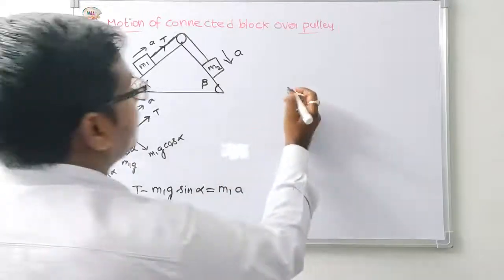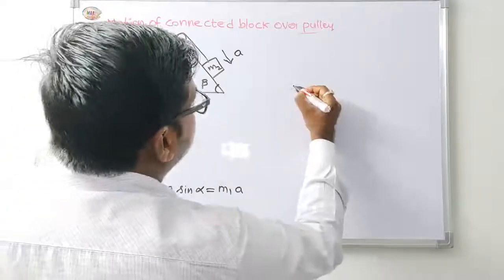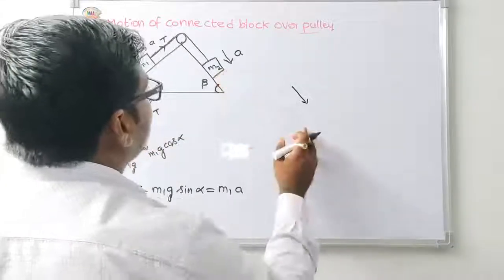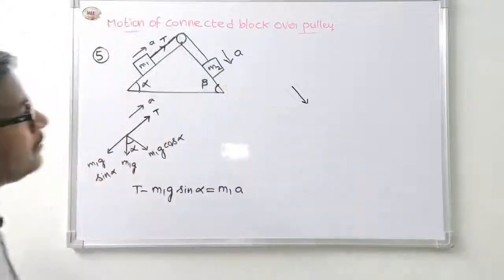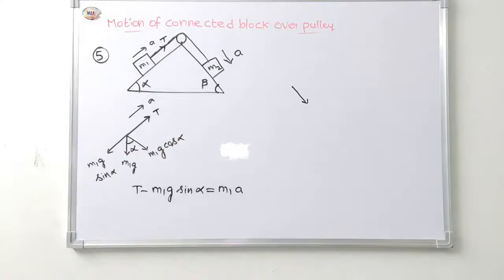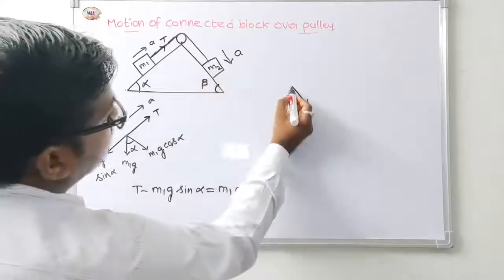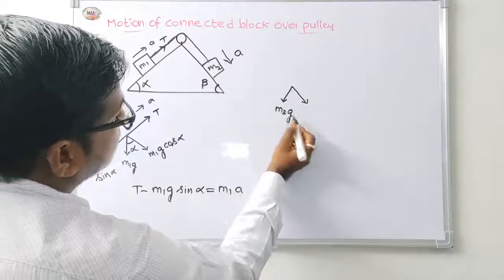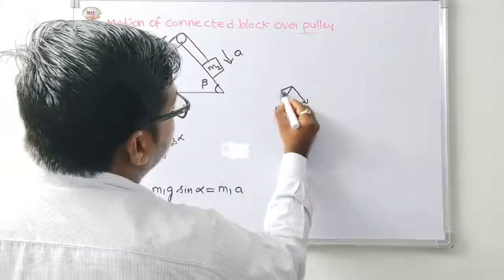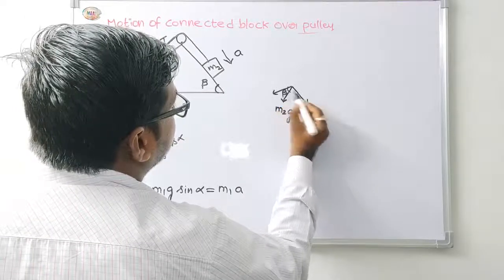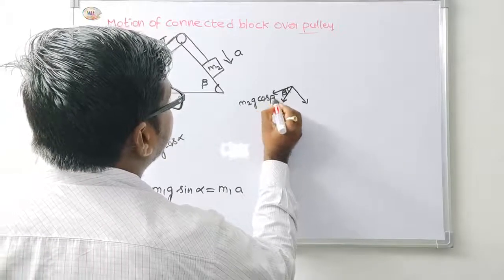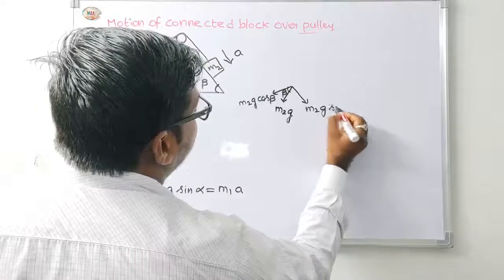Next take the M2 block. M2G acting vertically is resolved into two components, making an angle beta: M2G cos beta and M2G sin beta.